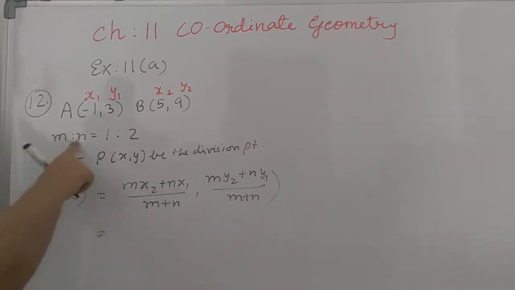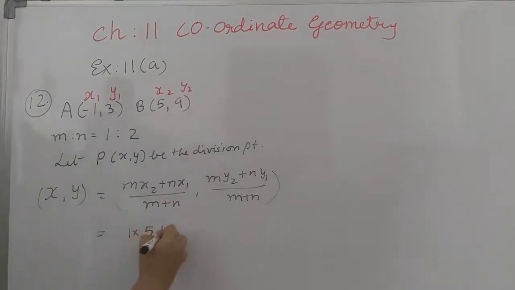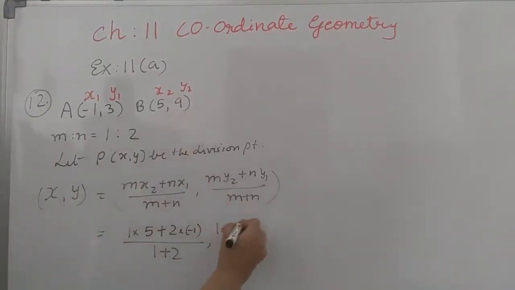Now I have already written that the ratio m:n is 1:2. So m is 1, x2 value is 5, plus n is 2 and x1 value is minus 1, divided by 1 plus 2. And m is 1, y2 is 9, plus n is 2, y1 is 3, divided by 1 plus 2. Now we calculate this. 5 ones are 5 minus 2, divided by 2 plus 1, 3. 9 plus 3 twos are 6, by 3.